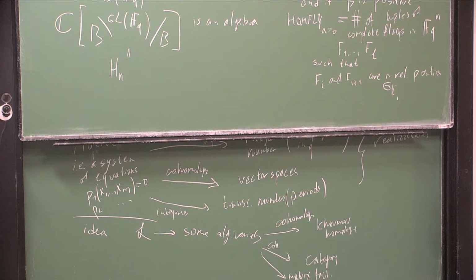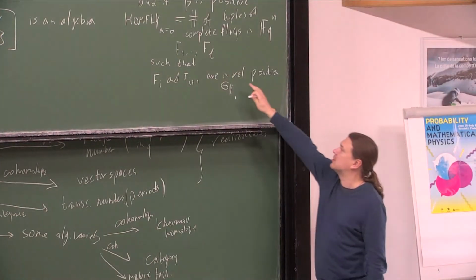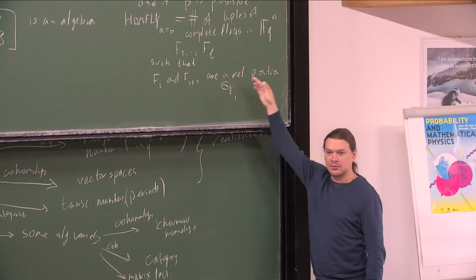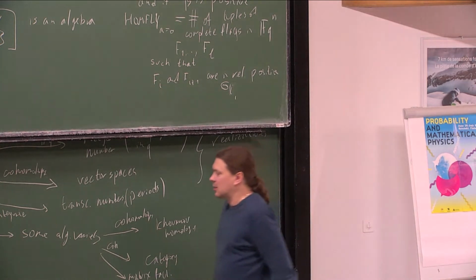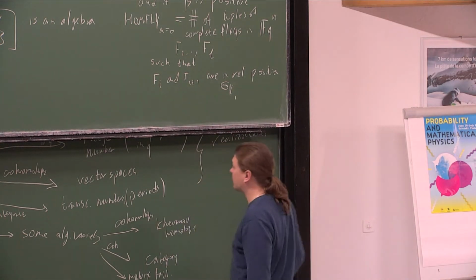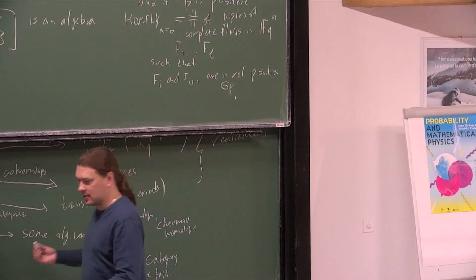But if you want, you can cook up some strange examples where you don't know. But as a first approximation, you can take a variety whose points are the tuples of flags.